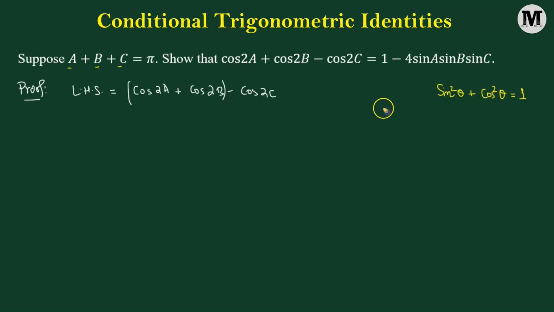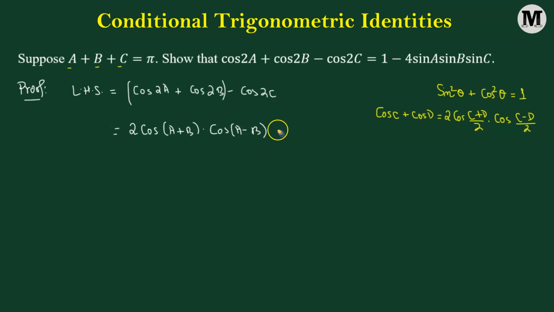Here we use the formula that whenever we have cosine of C added to cosine of angle D, that's given by 2 times cosine of (C plus D) over 2 multiplied by cosine of (C minus D) over 2. So this equals 2 times cosine of (A plus B) multiplied by cosine of (A minus B), minus cosine of 2C.